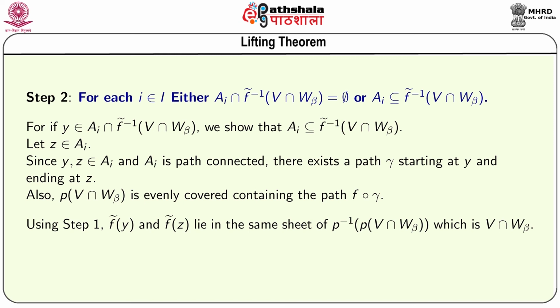That means the set V intersection W beta. Hence, z is a point in F tilde inverse of V intersection W beta as desired. So, we have proved that F tilde is a lift of F.